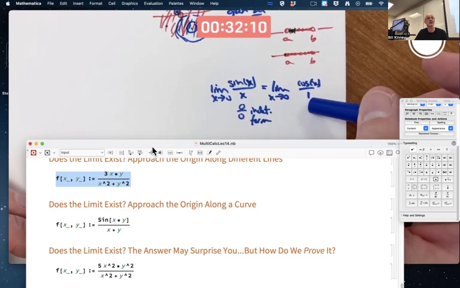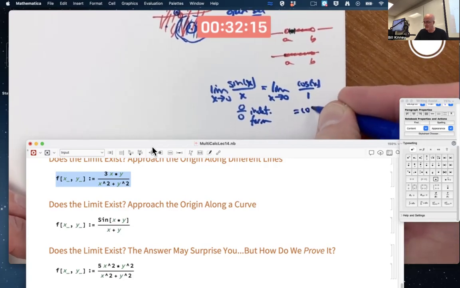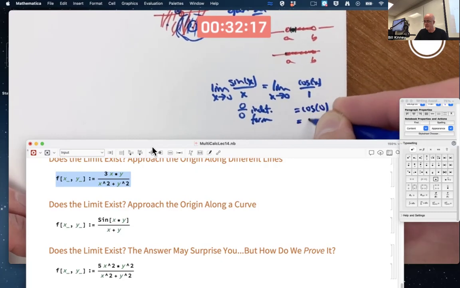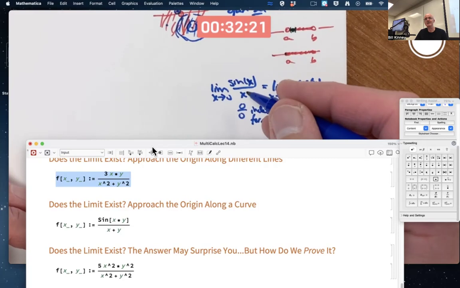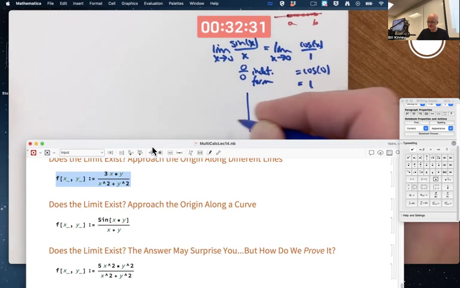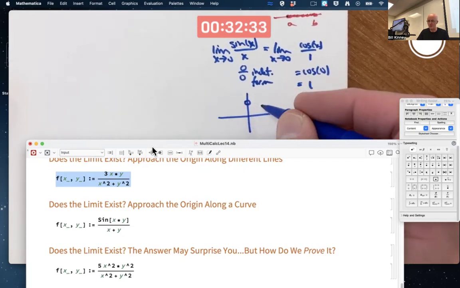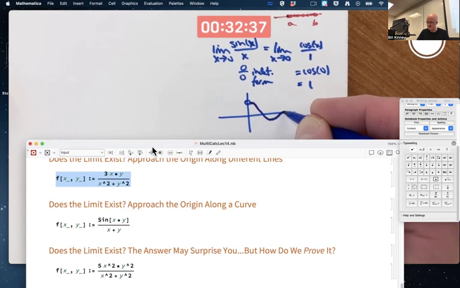That's a function that's continuous everywhere. You can plug in x equals 0 and get cosine of 0. The limit is 1. This function, sine of x over x, oscillates and approaches 1 as x approaches 0, even though the function's undefined there. If you graph it, it's got a hole in the graph at 1 when x is 0, but it's continuous everywhere else.